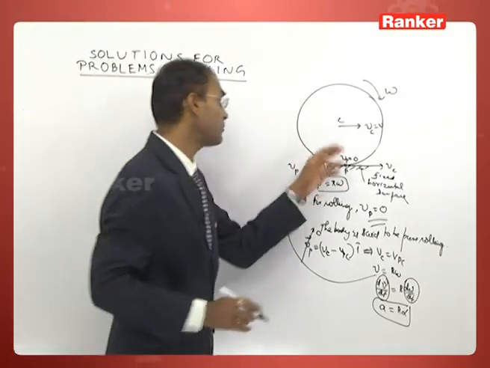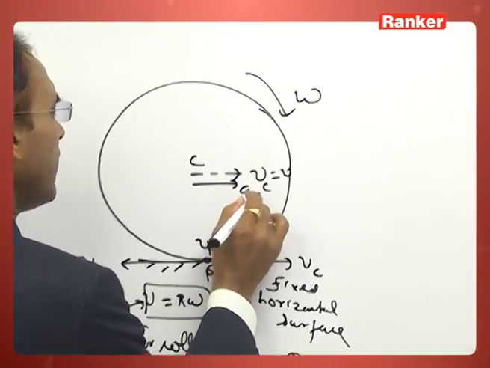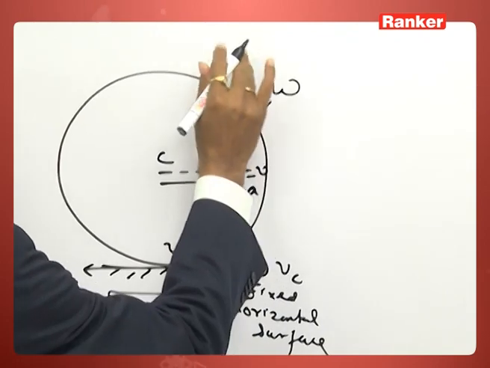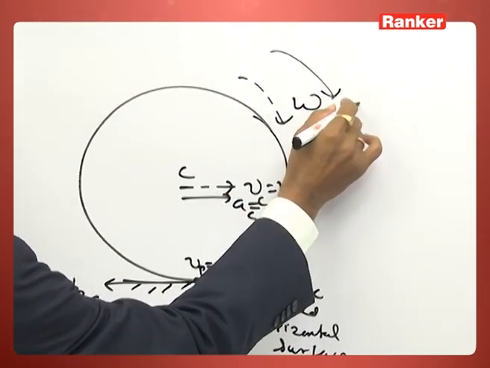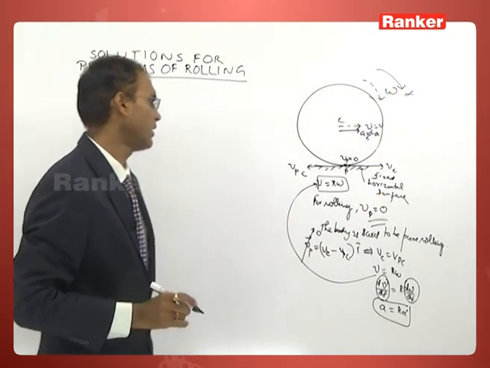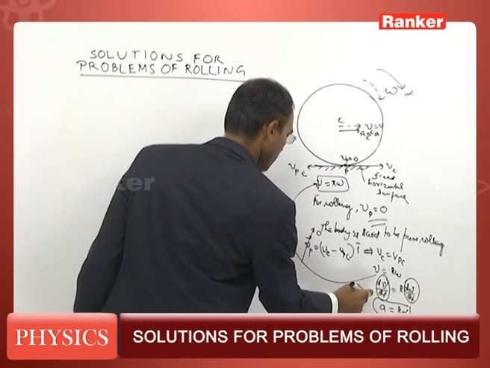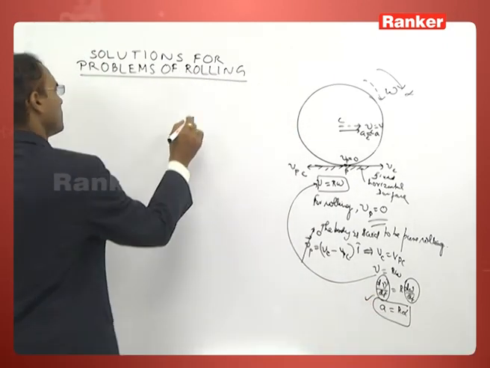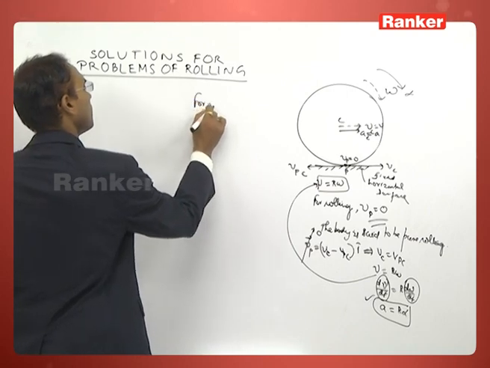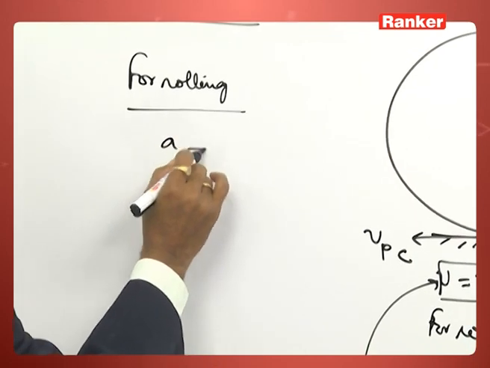If the center of mass moves with acceleration AC is equal to A and the rigid body has angular acceleration alpha, for rolling we can write A is equal to R alpha. For rolling, A is equal to R alpha.